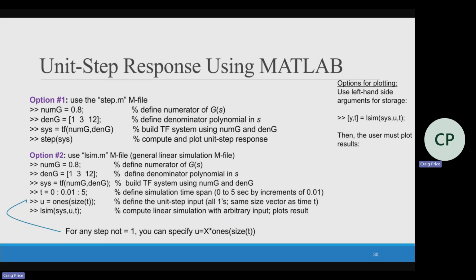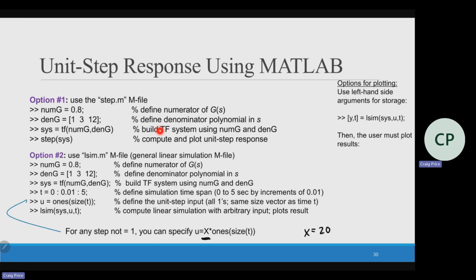So if I don't want just a step of 1 for my input, I can specify some kind of constant multiplied by ones the size of t. So this is just keeping a 1 for all of those, and we multiply it by some kind of constant. I could say where x is equal to 20.